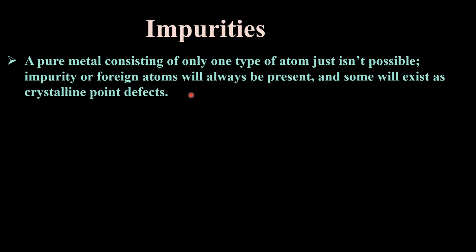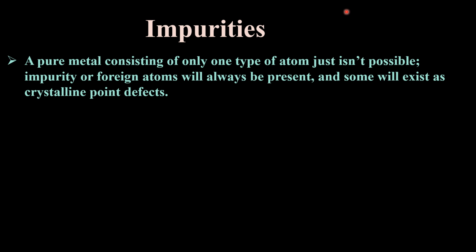At this level, on the order of 10 to the power 22 to 10 to the power 23 impurity atoms will be present in 1 cubic meter of the material. So the most familiar metals are not highly pure, rather they are alloys.